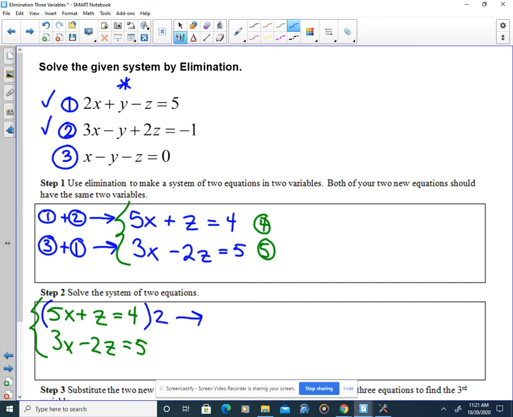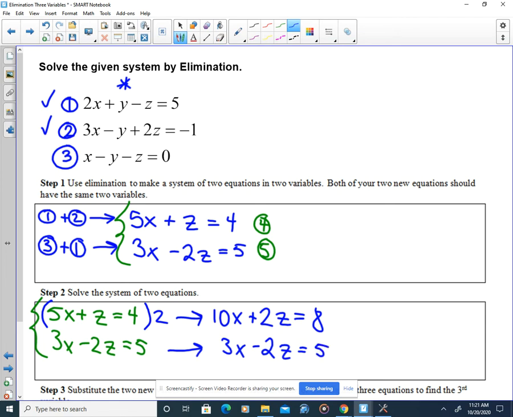So if I multiply that top equation by 2, I get 10x plus 2z equals 8. The bottom equation, I'm just going to keep it the same. I'm just going to rewrite it over here. 3x minus 2z equals 5.